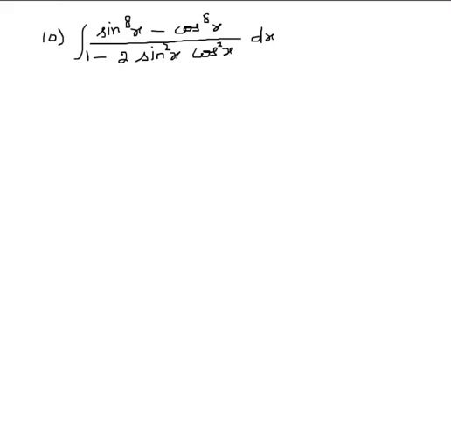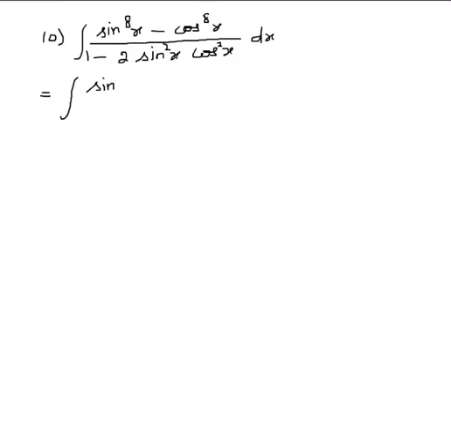Question 10. Integral of sin power 8x minus cos power 8x, divided by 1 minus 2 sin square x into cos square x, dx. Let us do complete factorization of the numerator.